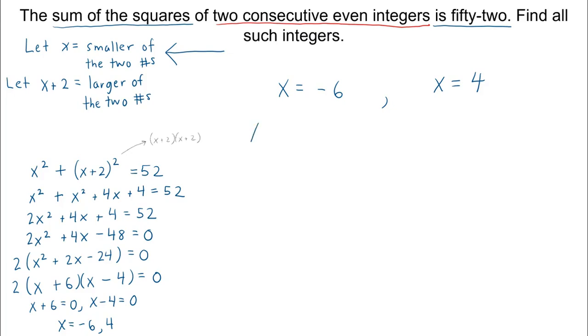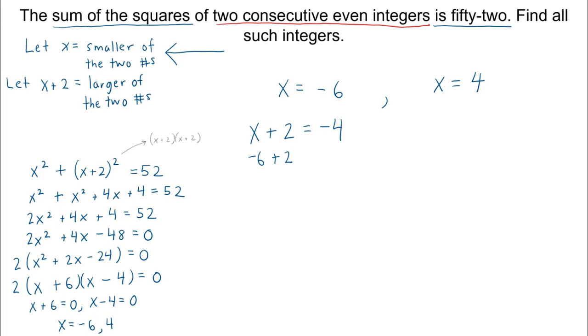So we'll have x plus 2 is equal to, well, in this case, if x is negative 6, we'll have negative 6 plus 2, and that will be equal to negative 4. So for this particular solution of negative 6, the larger is negative 4. So negative 6 and negative 4 are two consecutive integers that will make our equation true.